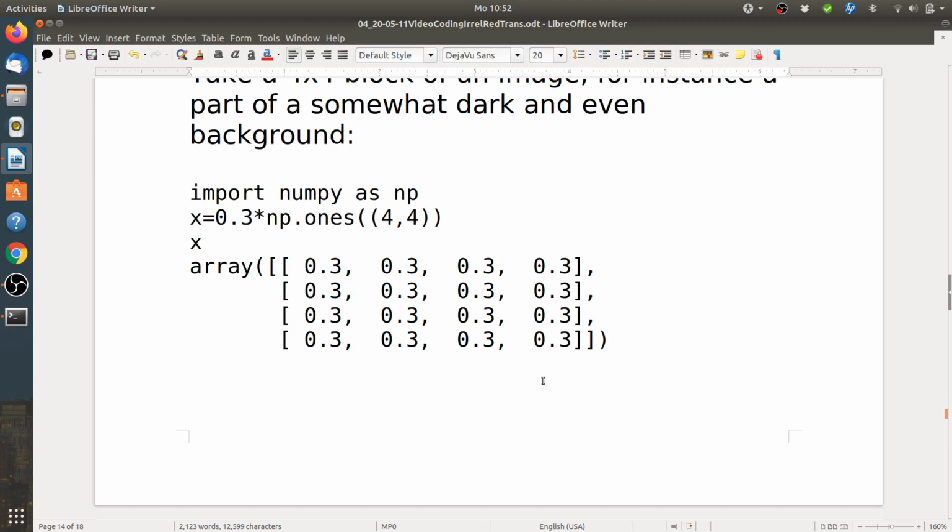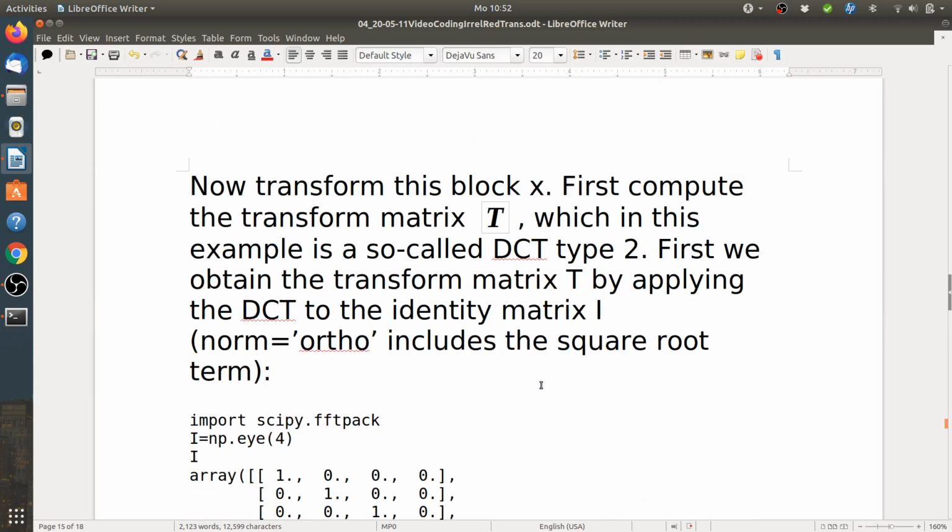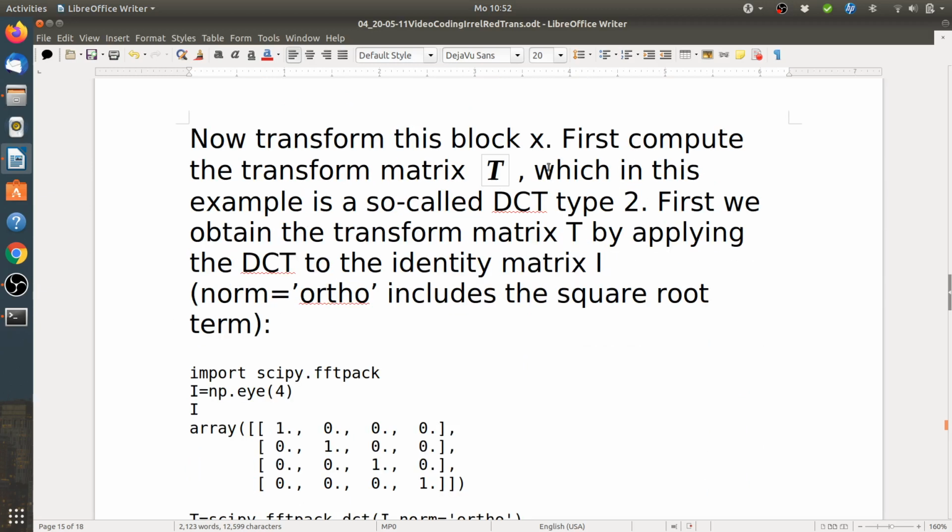Imagine we have a luminance image with range between 0 and 1. 1 is bright, and 0.3 is gray. Now we can transform this block X. First we compute the transform matrix T, which in this example is the DCT type 2, which we just saw.